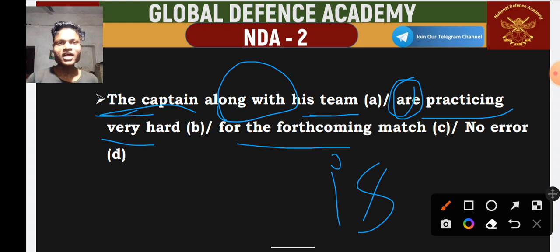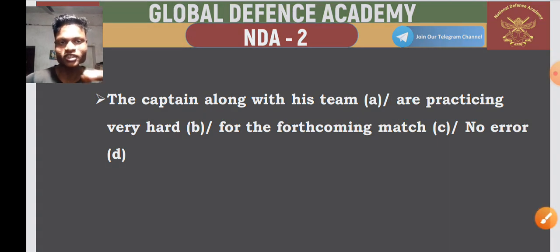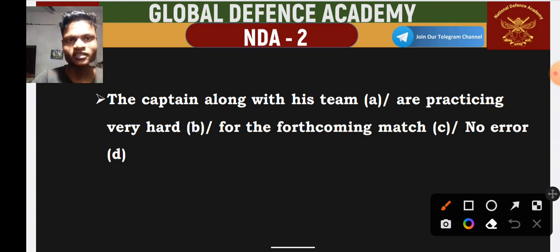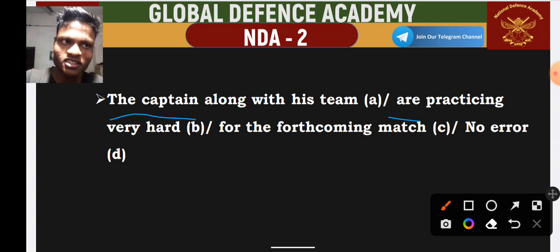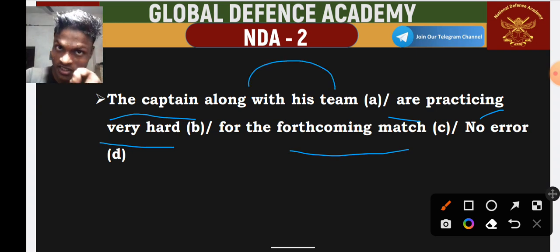And I want to make sure this sentence can also be written in this manner: The captain is practicing very hard for the forthcoming match along with his team.